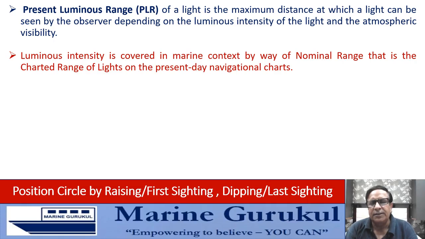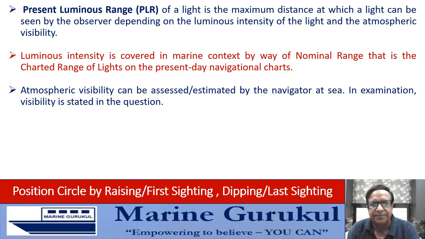Luminous intensity, as far as navigators are concerned, is taken care of by what we call as the nominal range. And the nominal range is the charted range of lights on the present day navigational charts. Atmospheric visibility at sea can be assessed or estimated by the navigator. In examination conditions, the visibility has to be provided in the question.